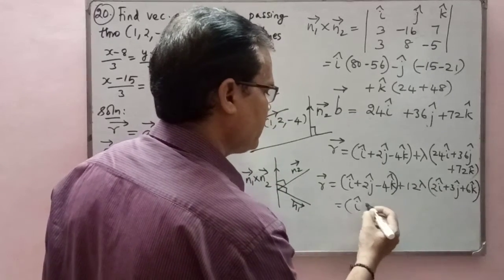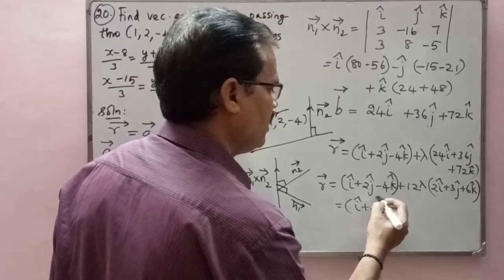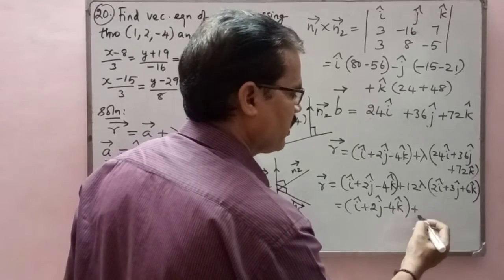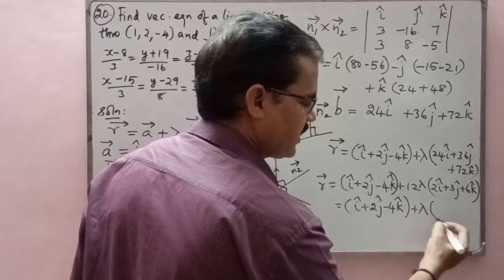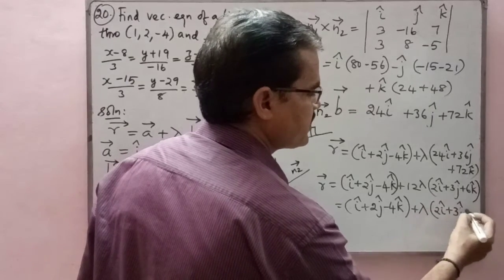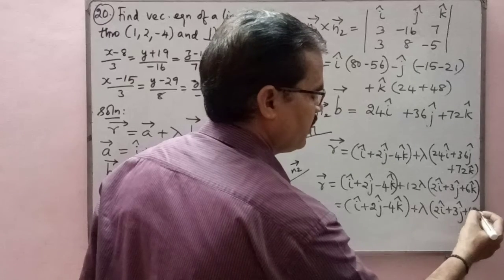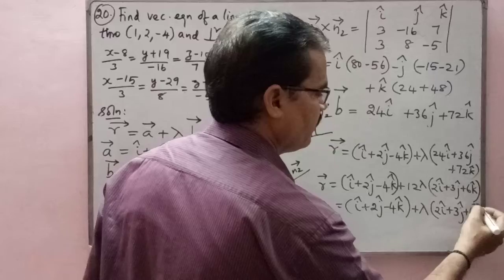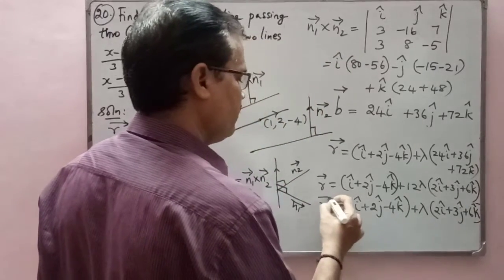So we can combine that and you can write it as lambda or any other variable mu. Whatever you like, you can write. For the book answer, I am writing it as lambda. You should not get confused why 12 lambda is changed to just lambda. It's a scalar, right? It can have any value. Or you can change it to a variable mu.